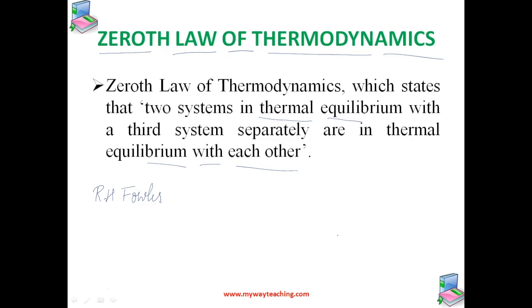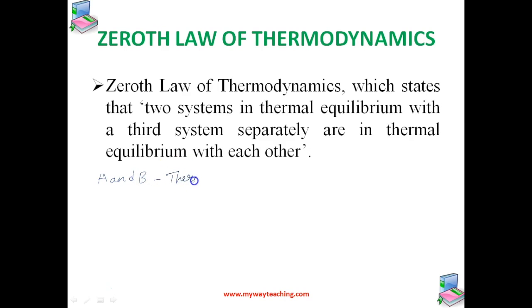Okay, the zeroth law clearly suggests that when two systems A and B are in thermal equilibrium, there must be a physical quantity that has the same value for both.